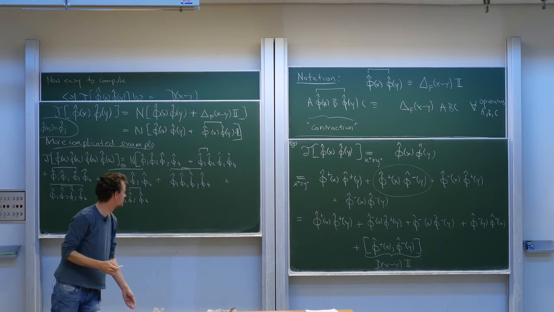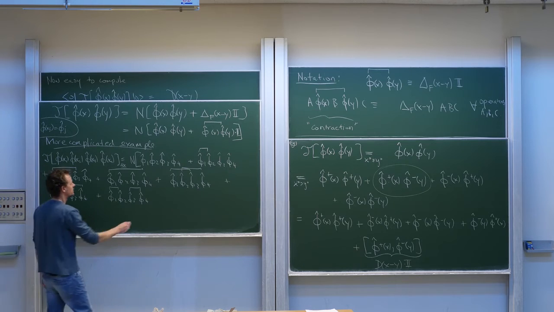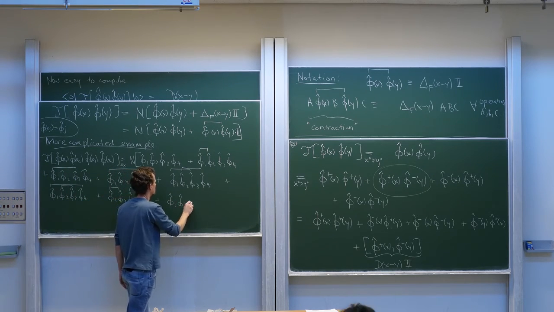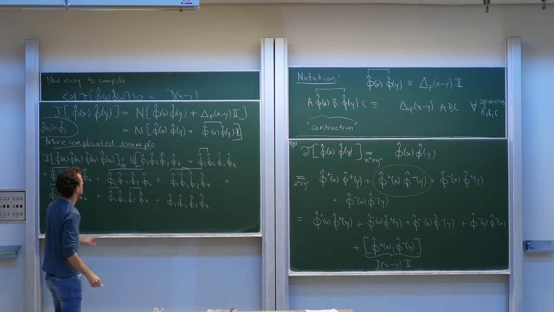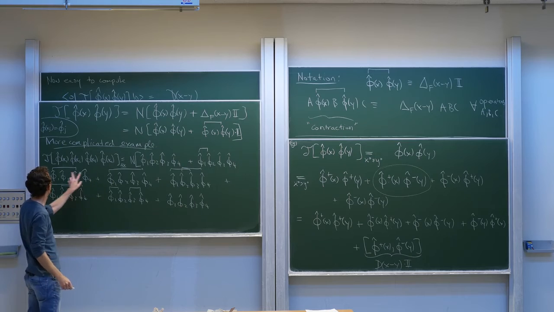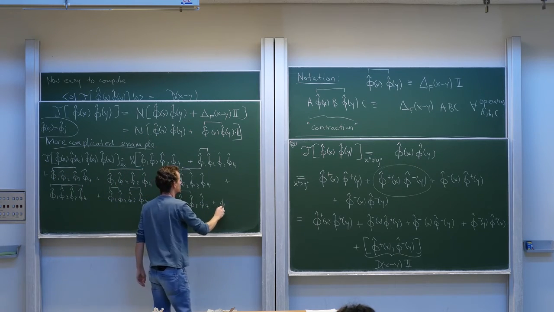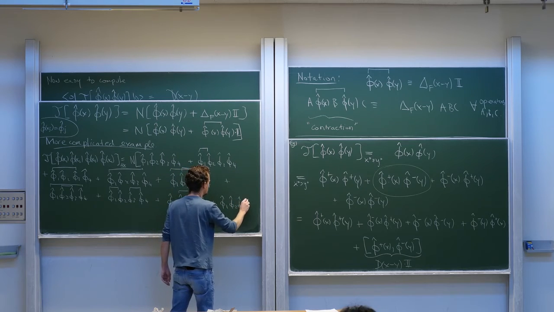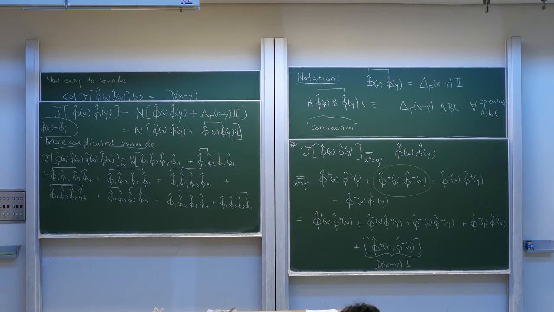Yeah, but there's still some more terms. Of course, I forgot some terms. There's 1, 2, 1, 3, 1, 4, but there's also 2, 3, and 3, 4. 2, 4, sorry.